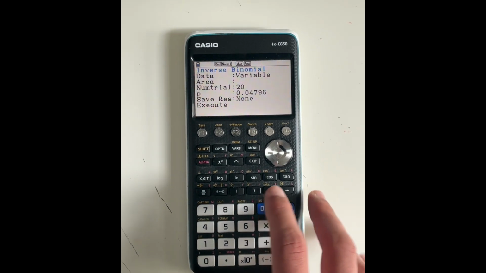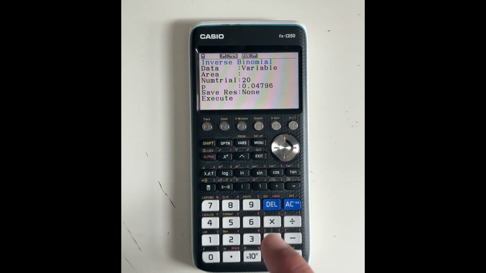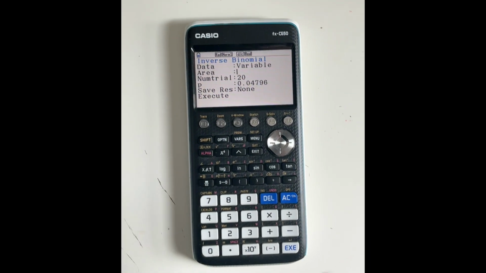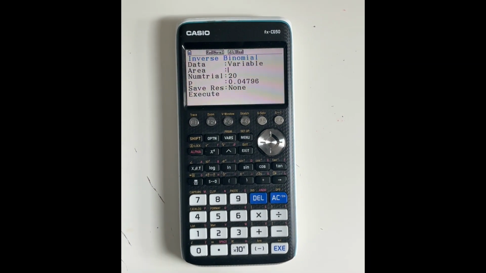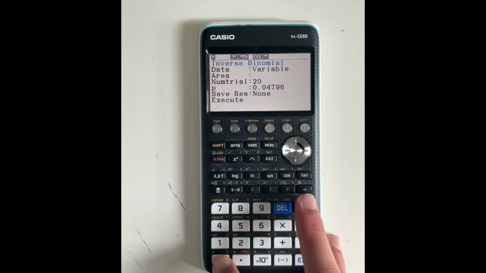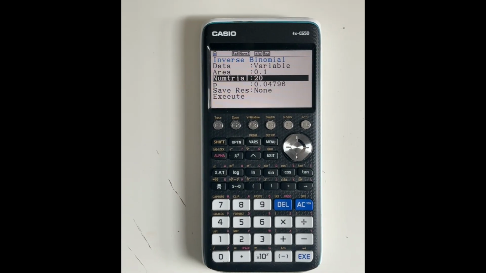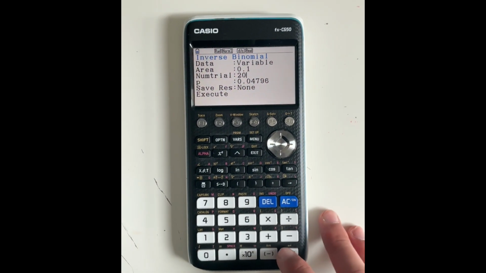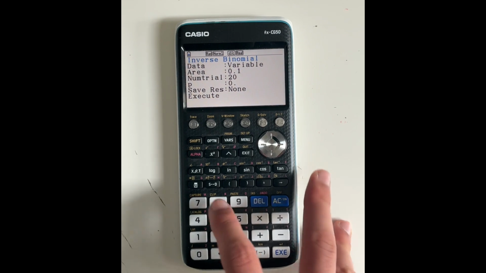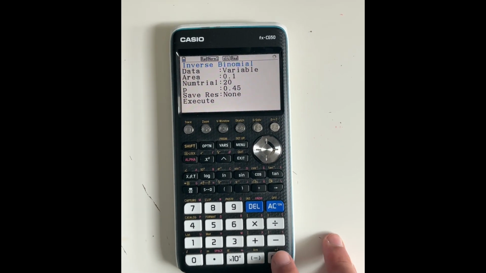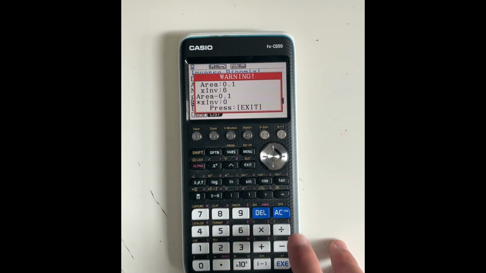Your area would be the probability that p of x is equal to, in our case, 0.1. So our probability was 0.1, our number of trials was 20, and our probability was 0.45.